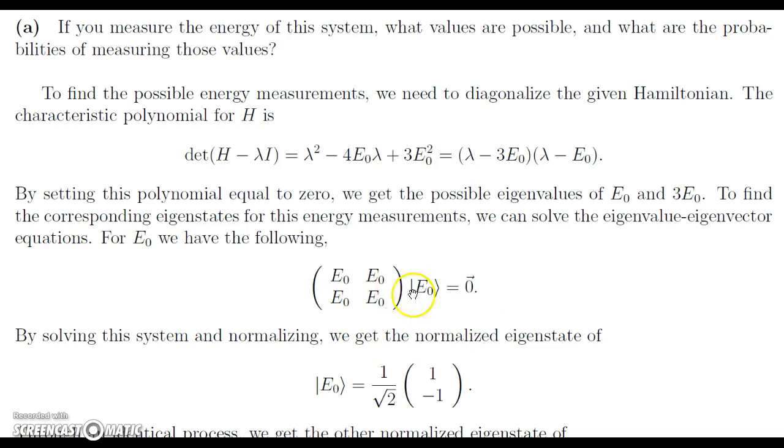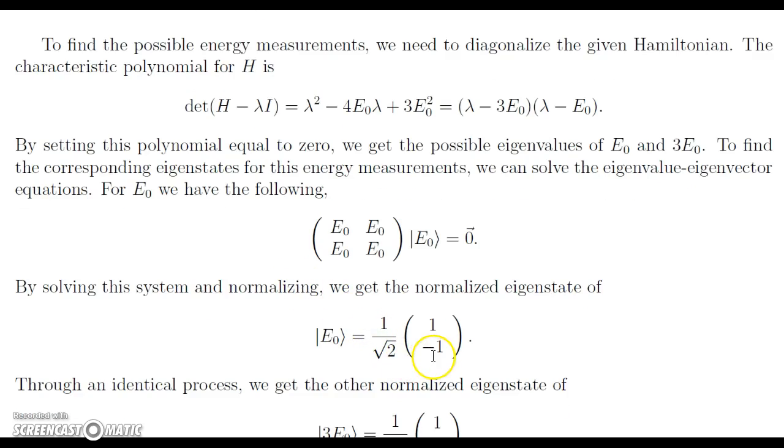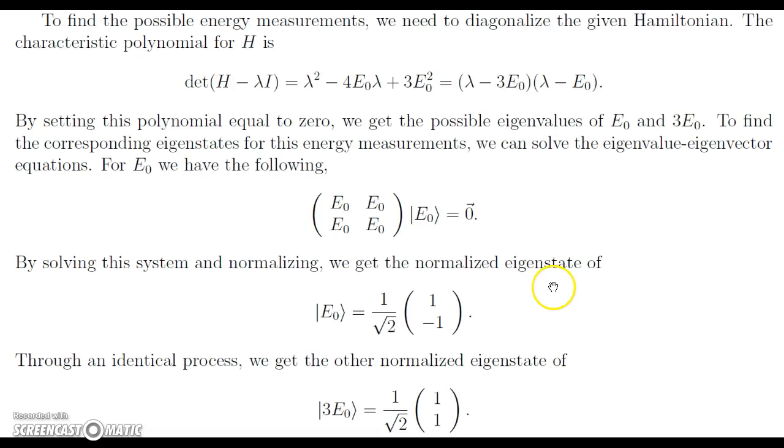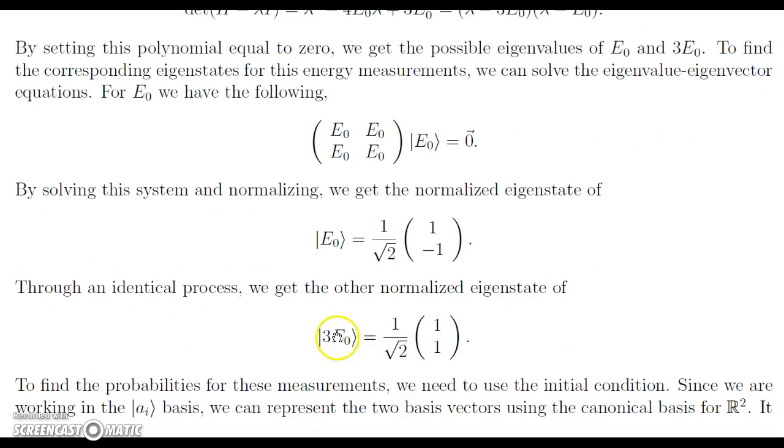And we can quickly note here when we solve the system that this is a degenerate row, so we can just cancel this out. And then when we normalize the system, we get the normalized eigenstate of E naught equal to 1 over root 2 times the column vector 1, negative 1. We can do an identical process, and we get the other normalized eigenstate, which is 3 E naught equal to 1 over root 2 times the column vector 1, 1.